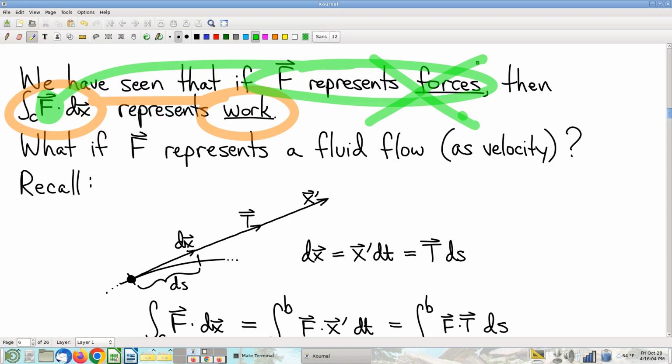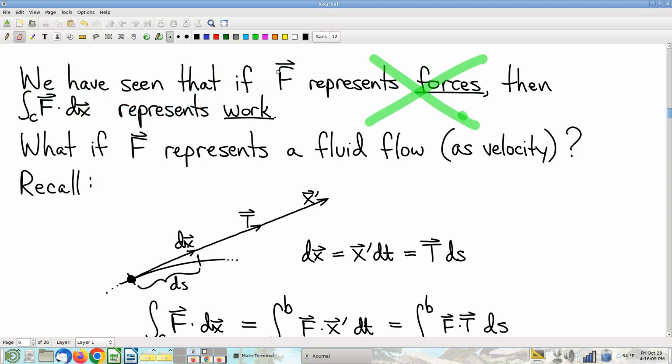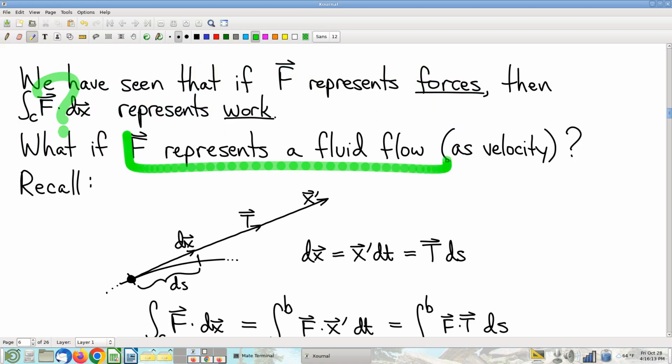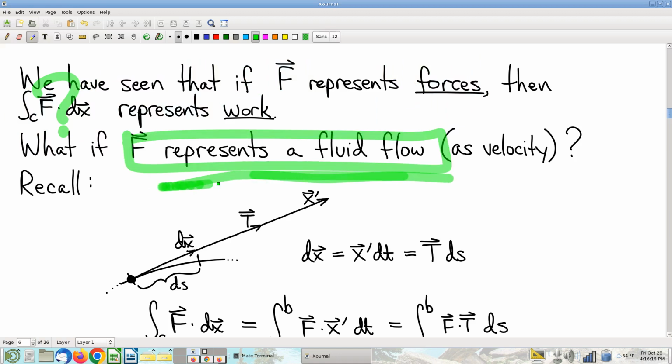But so what does the line integral represent in this context of fluid flows? What is a vector line integral? And the answer is, unfortunately, it is a physical concept that you haven't seen before. So it'd be nice if the answer were something familiar, something you've experienced elsewhere. And it just isn't.